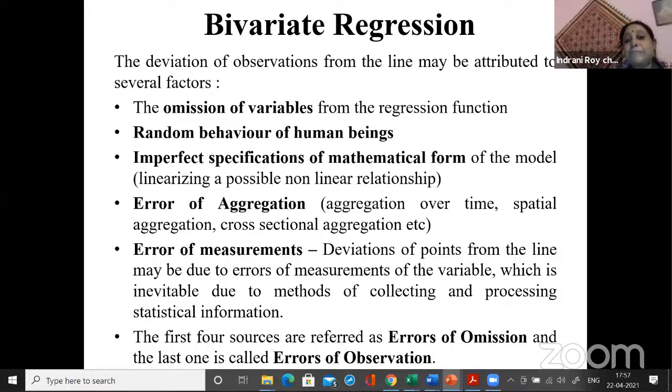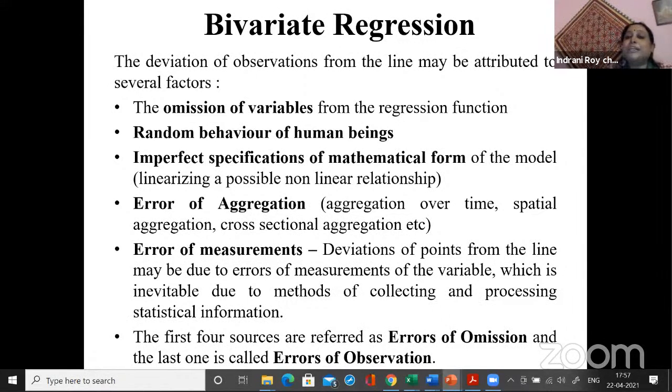Apart from that, imperfect specification of the mathematical form. When we do the regressions, we often take a linear relationship between Y and X. Okay, but many times Y and X are not linearly related in reality.